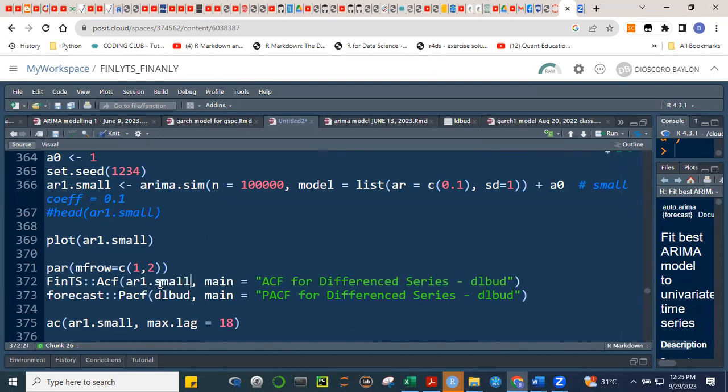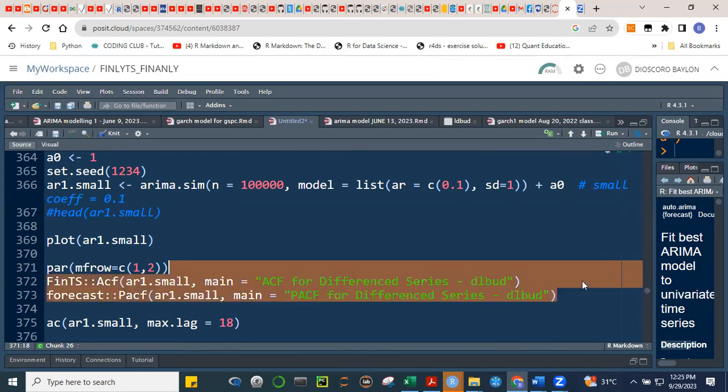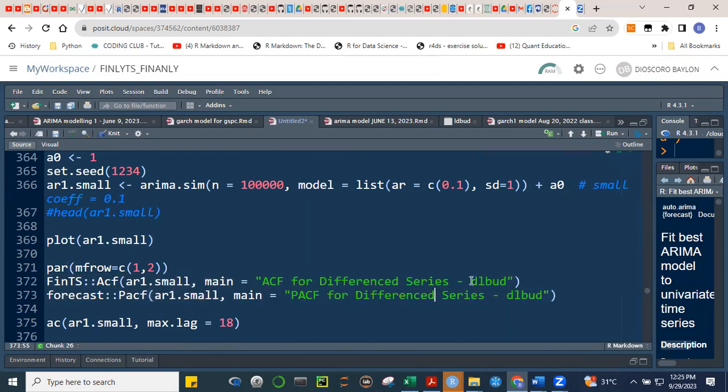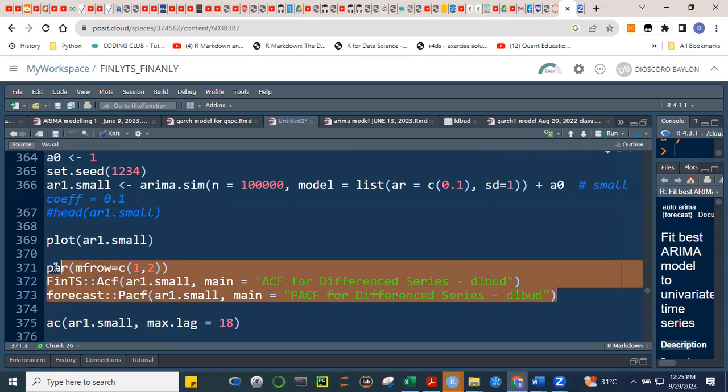AR1.small, and this one AR1.small. Anyway, I won't mind the title. Okay, I'm going to run this, Control Enter.